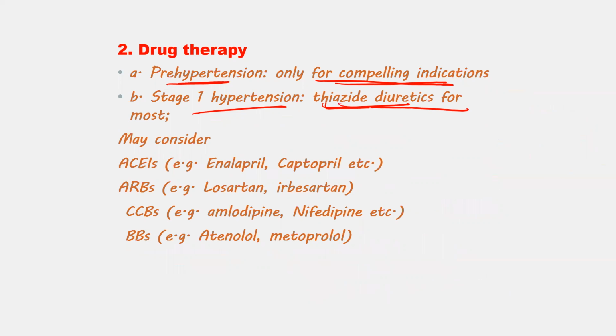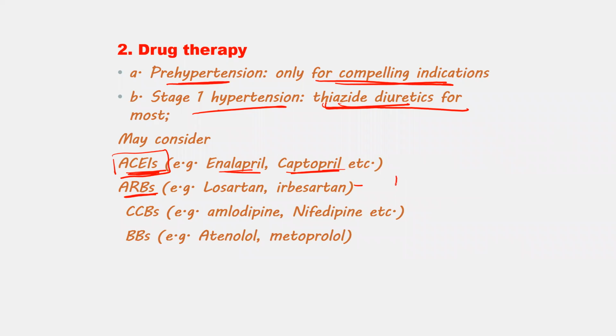The patient can also be prescribed ACEIs, that is enalapril, captopril. So the physician will recommend ACE inhibitors, angiotensin converting enzyme inhibitors. This is the antihypertensive drug which can be given. Second is the ARBs. In ARBs, losartan, irbesartan can be given.